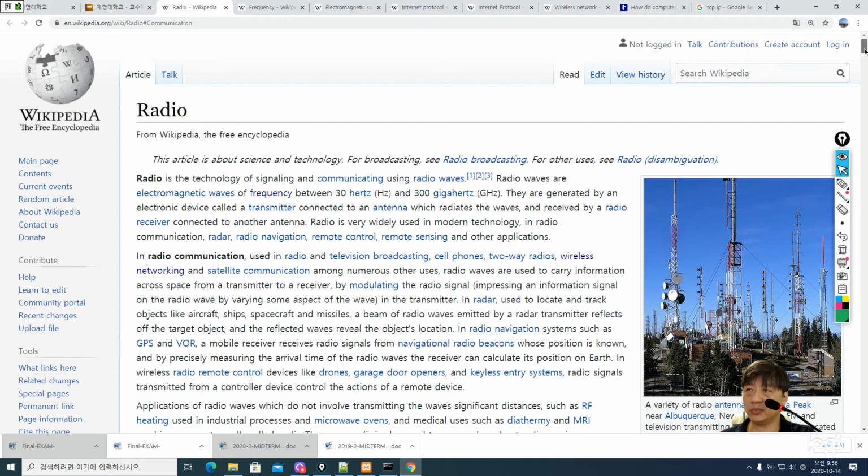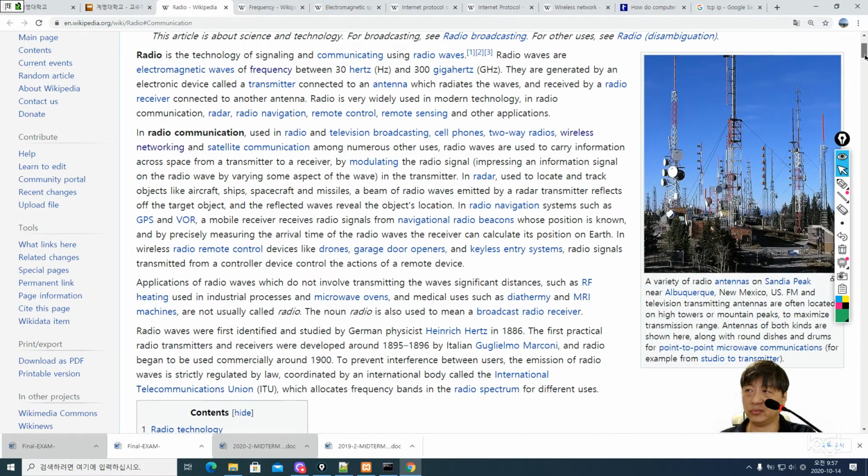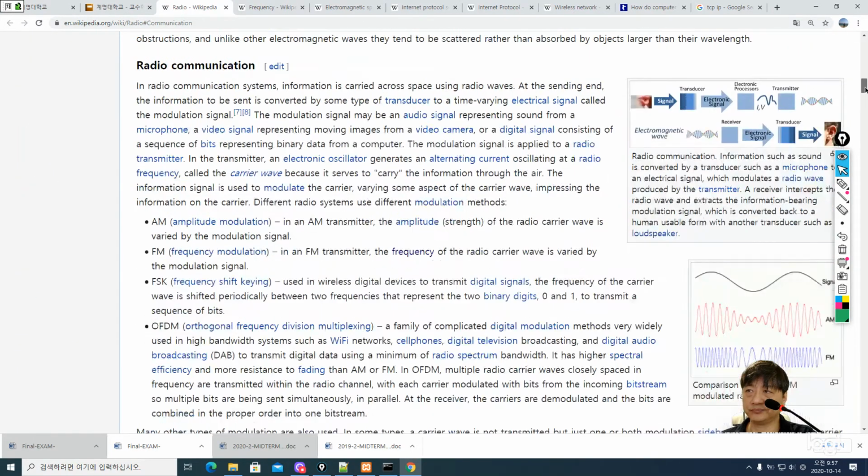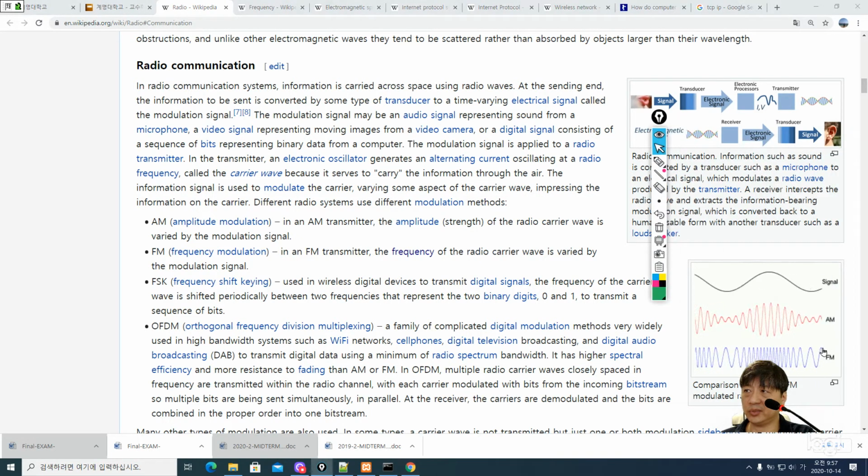So AM, FM, radio, cellular, all those use radio waves. These are pictures of antennas used for radio communication. So these are the types of waves that AM uses, that FM uses.